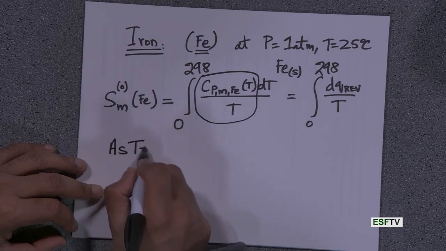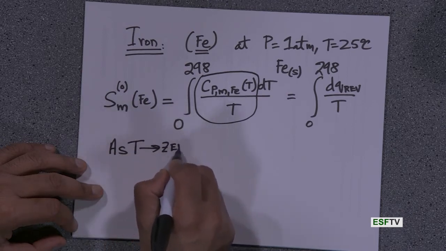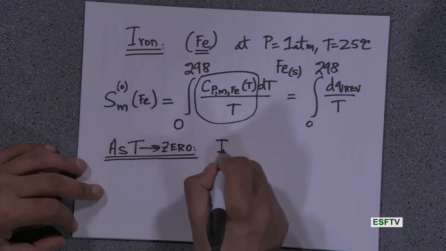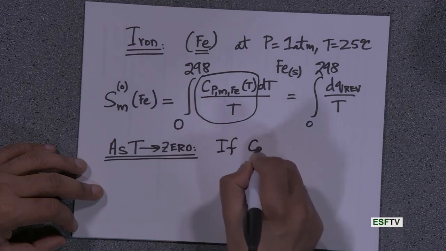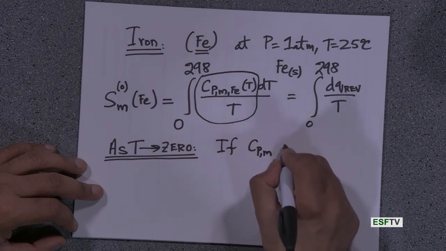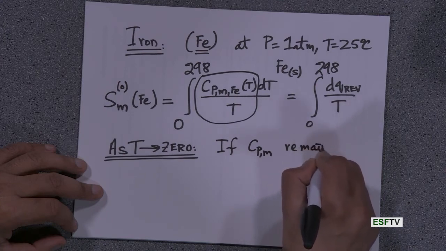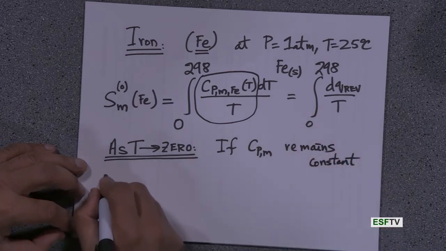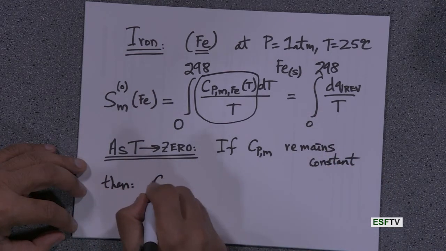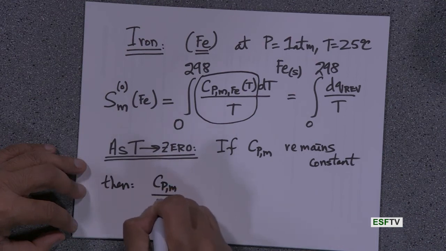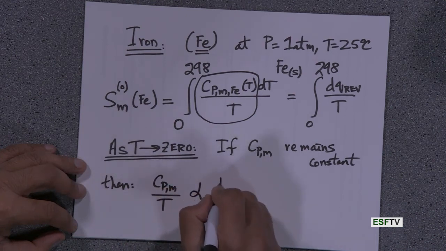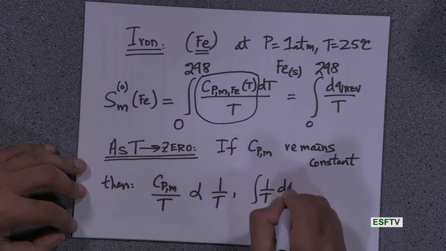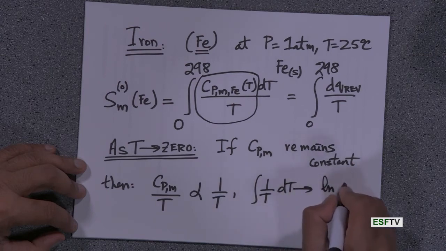As T goes to 0, if Cp per mole remains constant, then Cp per mole divided by temperature behaves as 1 over temperature, and if you try to integrate 1 over temperature with respect to temperature, you end up with the natural logarithm, right?